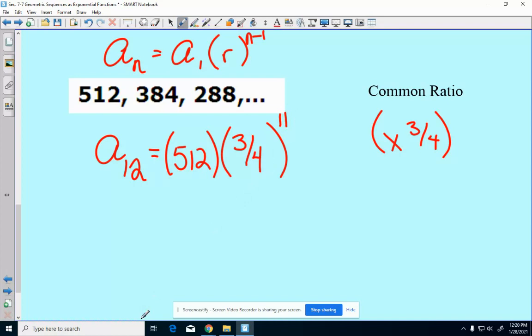Because 12 minus 1. Okay. Now, if I'm going to put this in my calculator, what do I do first? I raise the power. So probably a set of parentheses because you're going to put in a fraction. So parenthesis 3 divided by 4, close the parenthesis, and then raise it to the 11th power.